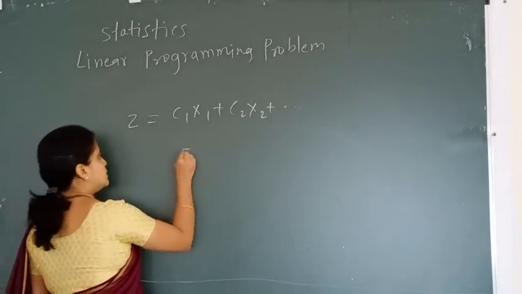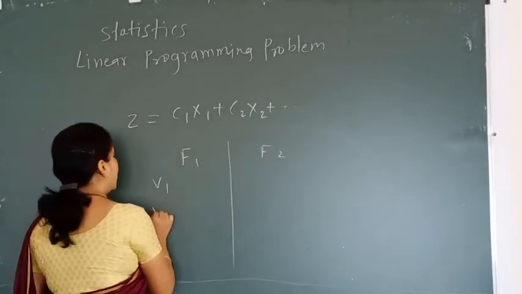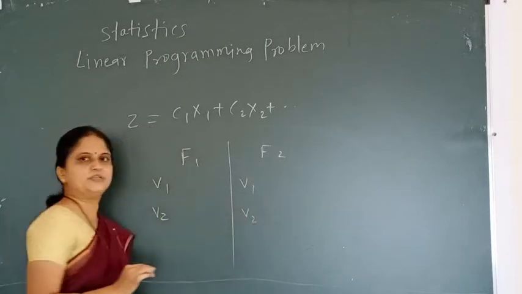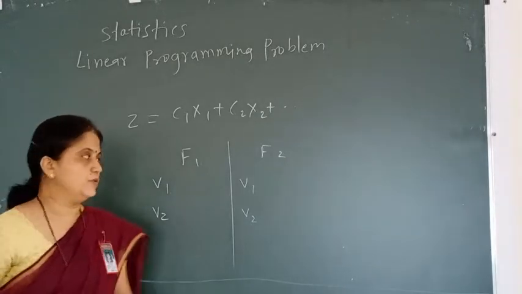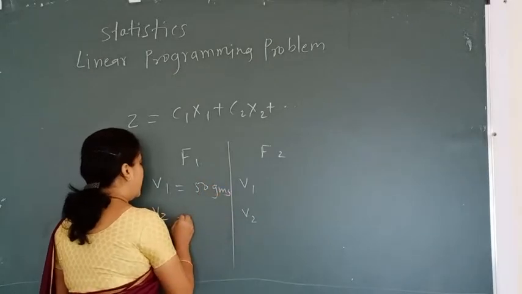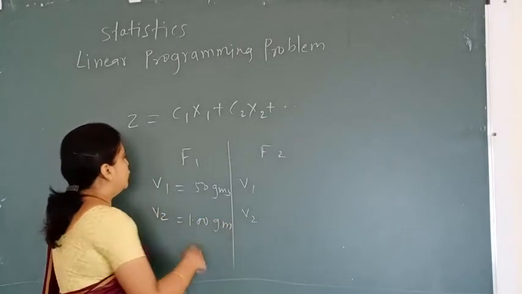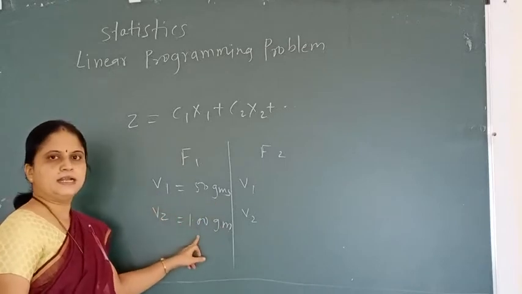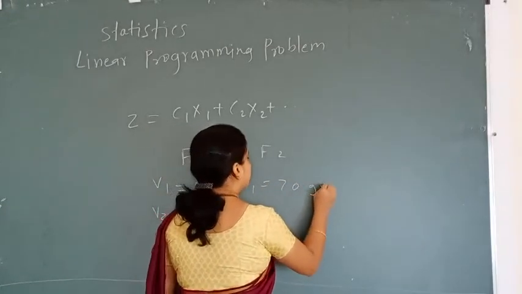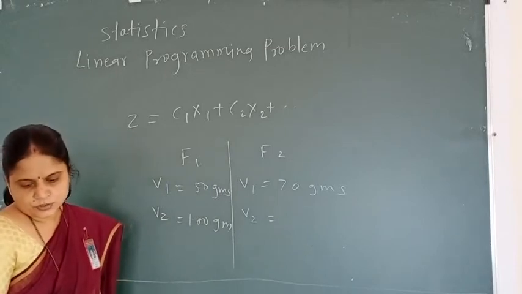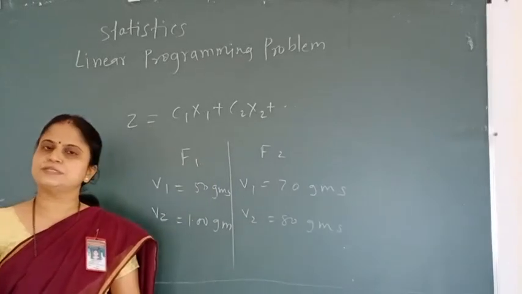F1 contains 50 grams of V1 and 100 grams of V2, and F2 contains 70 grams of V1 and 80 grams of V2. So the vitamins in both the foodstuffs are variant.